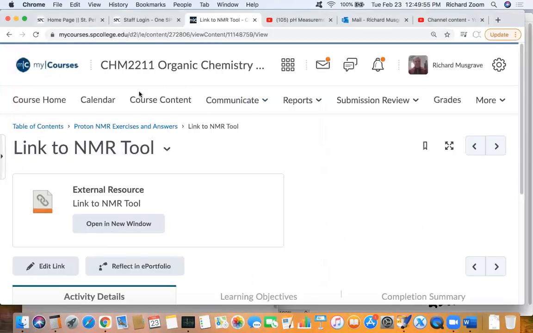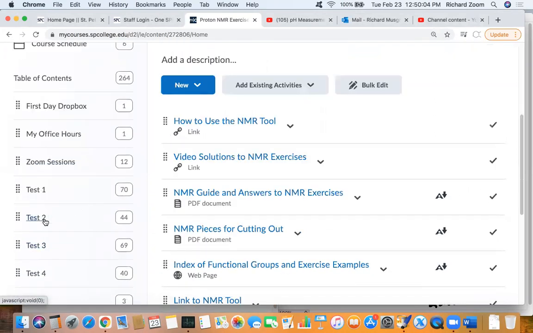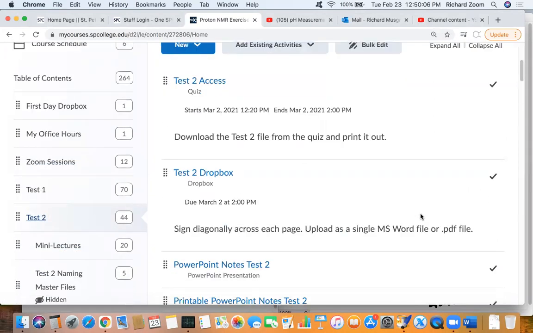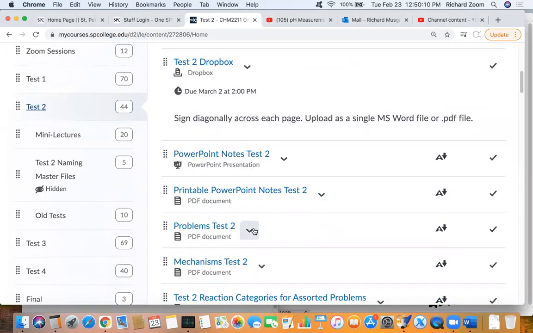Okay. Now I do have some more examples of these kinds of things in the blue book as well. Let me point those out to you. Problems test 2, download.